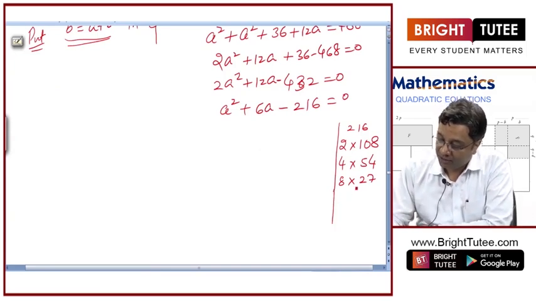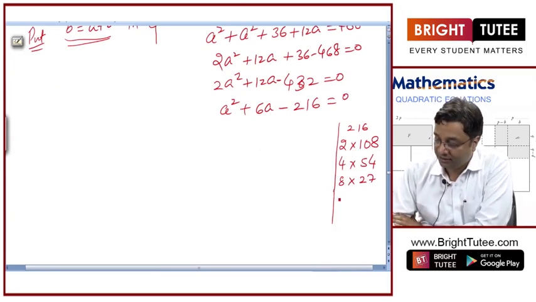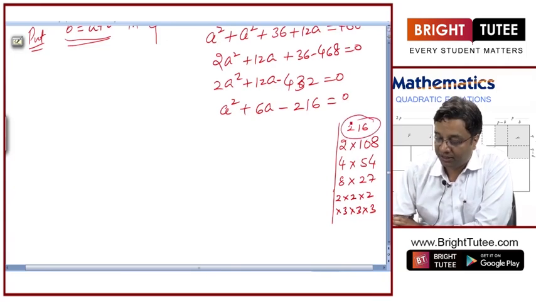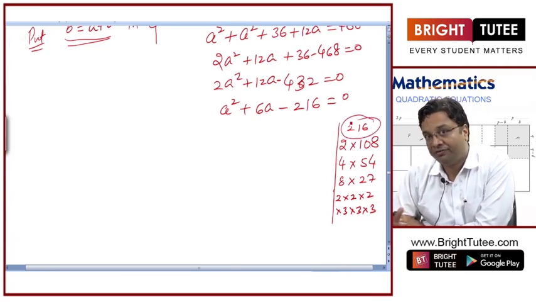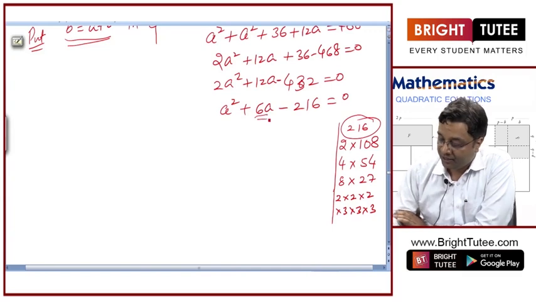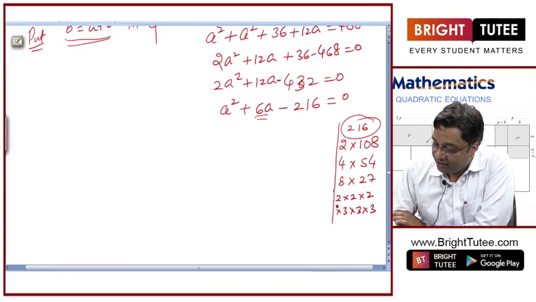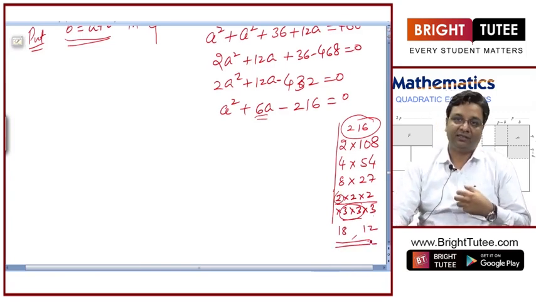What I am trying here is to factorize it in such a way that the product of those factors will become 216 and the sum or difference of those factors will become 6. So let's see how we can make the difference or sum as 6 here. 9 into 2 is 18, 3 into 4 is 12. So this is how we make factors.